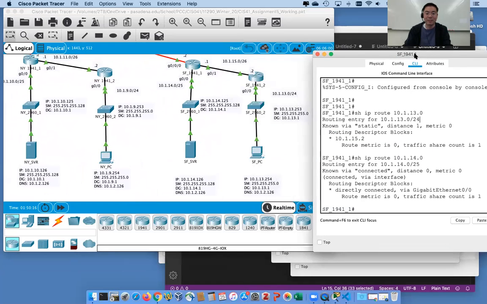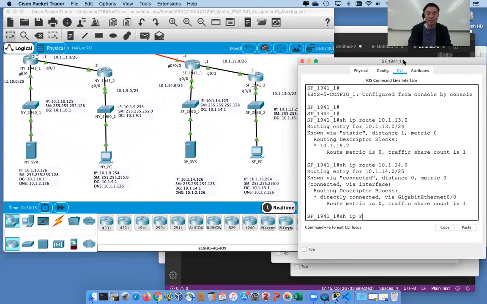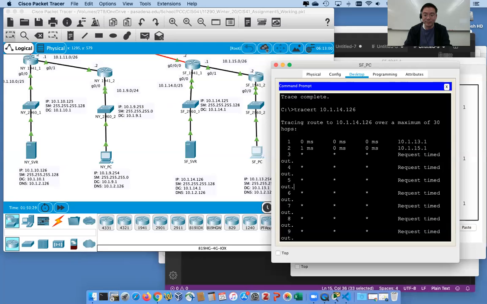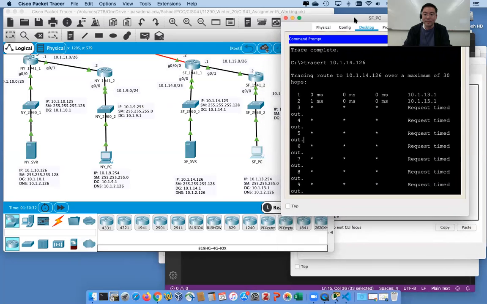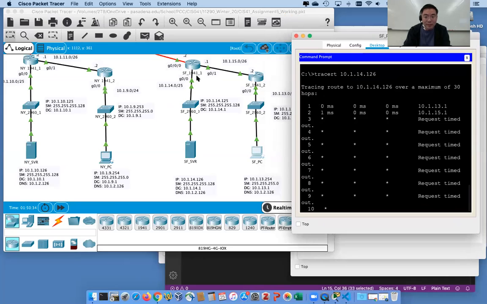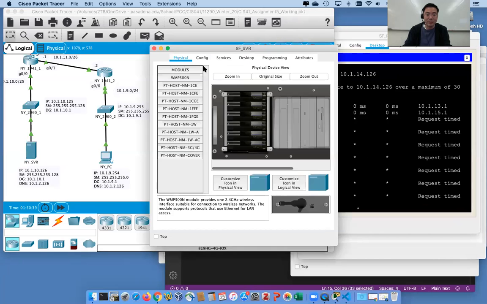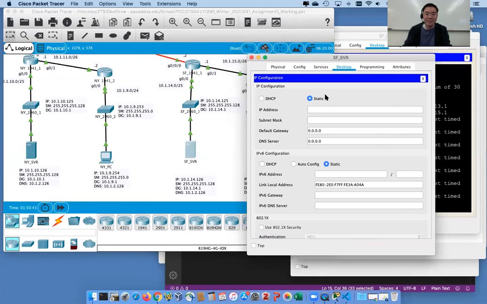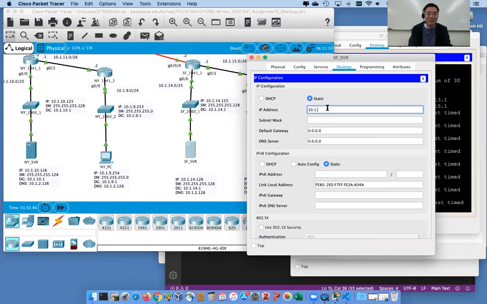Do we have a route for 10.1.13? Okay, 15.1 kind of dies right there. So this is probably why.